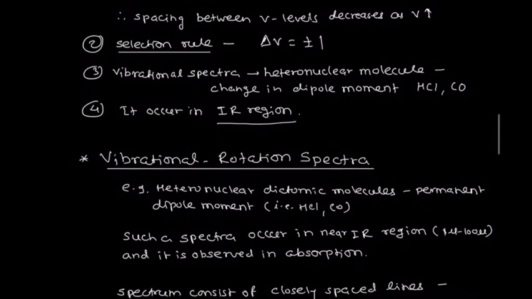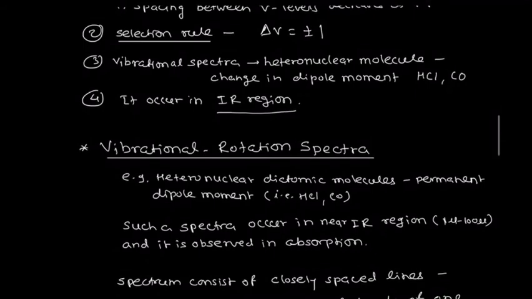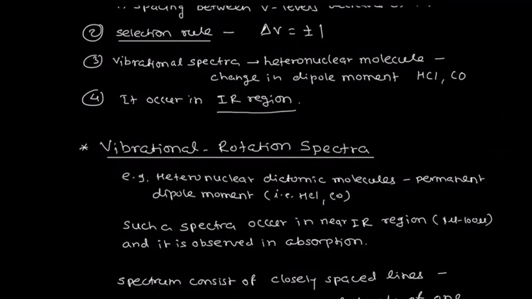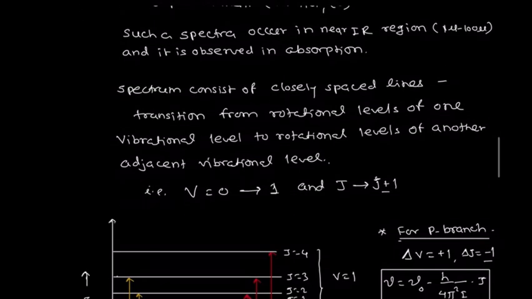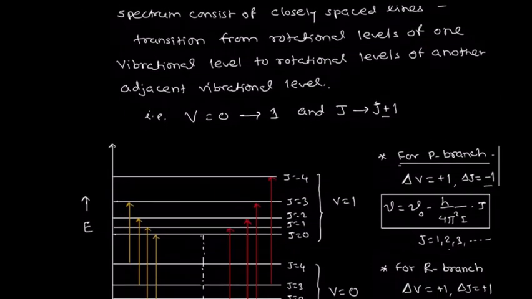It occurs in the near infrared region, whose range is 1 micrometer to 100 micrometer, and it is observed in absorption. The resulting spectra shows closely spaced lines. Now how it shows closely spaced lines, we discuss from the nature of the variation.